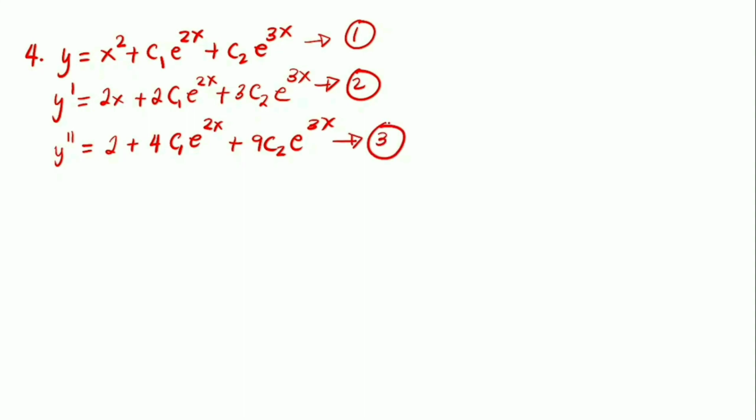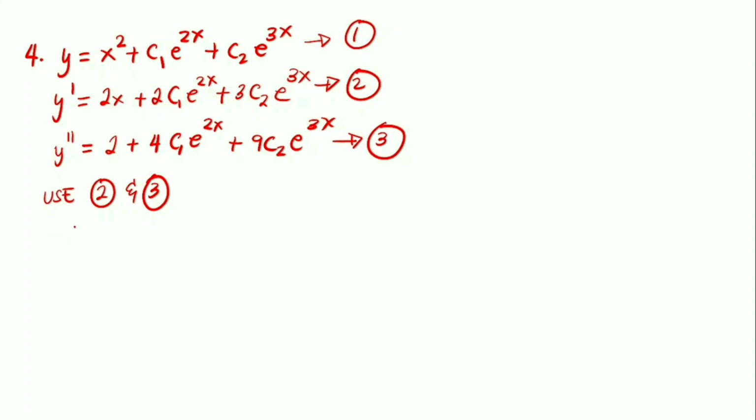So again, in order to eliminate the constants, you need to combine the two equations. So here, I use equation 2 and 3 para ma-eliminate ko ang isang certain constants.